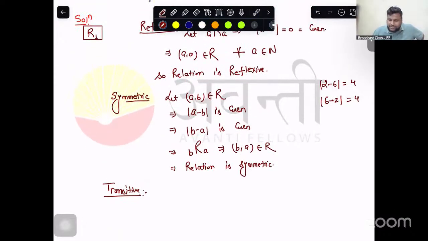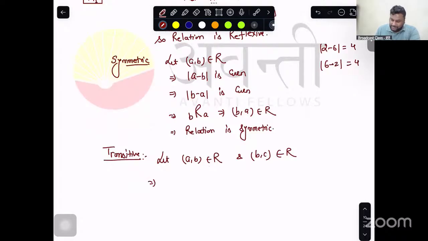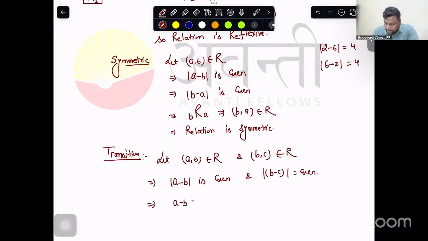Now, transitive. Transitive will start with assuming that (A, B) and (B, C) belong to the relation. Let (A, B) belong to R and (B, C) also belong to R. This implies |A minus B| is even and |B minus C| is also even. This implies A minus B is something like 2K1 and B minus C is something like 2K2.